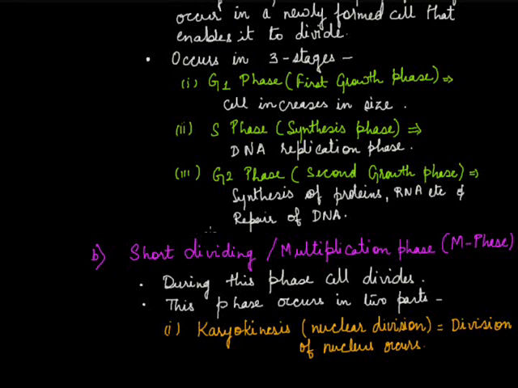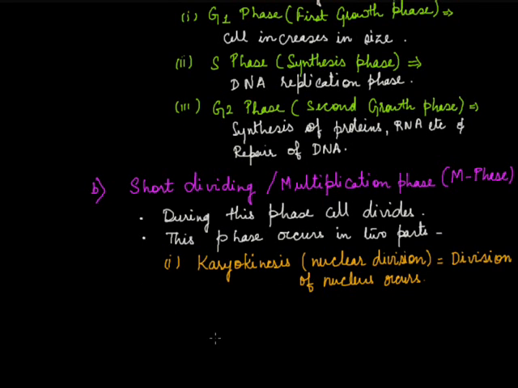The second part of the dividing phase is the cytokinesis. As we all know, the eukaryotic cell consists of two parts, the cytoplasm and the nucleus. So one part of the cell has divided already, that is by karyokinesis, during which the nucleus has divided. Now the second part, the cytoplasm, which contains the cell organelles, should also divide among the daughter cells.